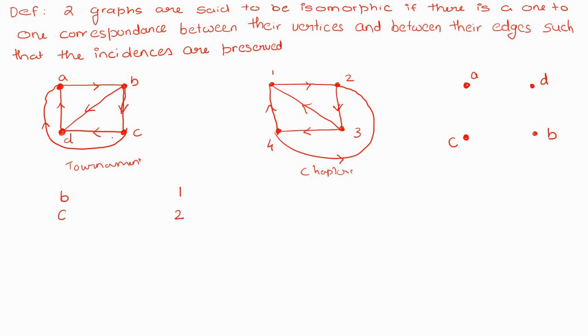Now from C to D, there exists an edge. So I'll write here D. C to D means from 2 to 3, there exists an edge.